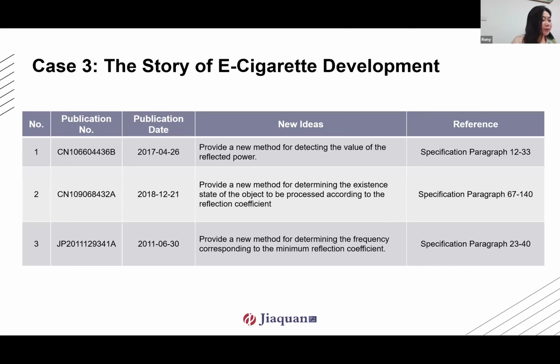Well, the three patents presented on the page are some of the inspiring ones we found. None of these patents have been directly applied in the technical field of microwave heating for e-cigarette. Instead, they are mainly in the technical field of microwave oven heat.